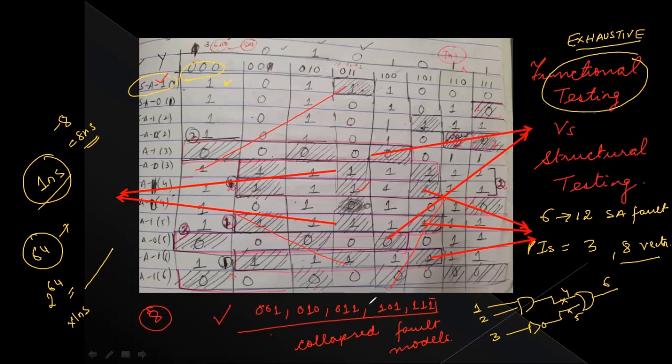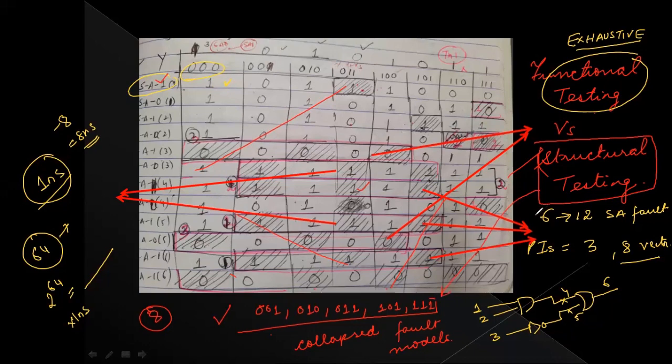And how did I come to this? Because I saw where is the equivalence achieved, and that equivalence is achieved by seeing that what is the connection, मतलब कौन इनपुट पे कौन सा फॉल्ट किस आउटपुट से कोलैप्स हो रहा है. So I am basically studying or analyzing the structure to find the equivalent faults, which helps me further identify the reduced set of vectors.